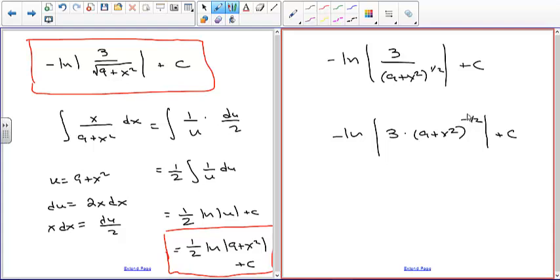So one of the properties of logarithms is you have an exponent. Now this exponent is not applied to everything, but then you can do what Daniel said. So we could say this is the negative the natural log of 3 minus the natural log of the absolute value of 9 plus x squared to the negative 1/2 power plus c.